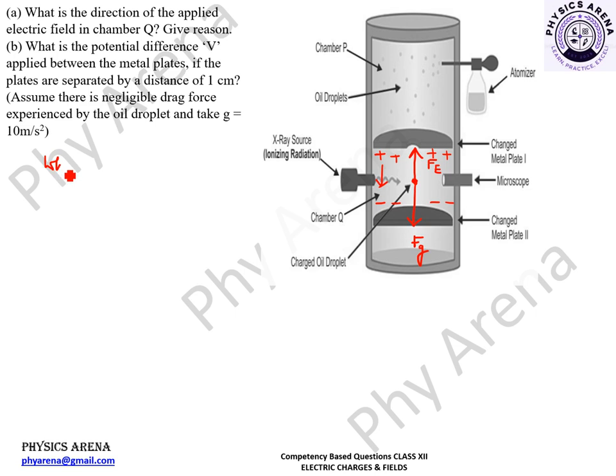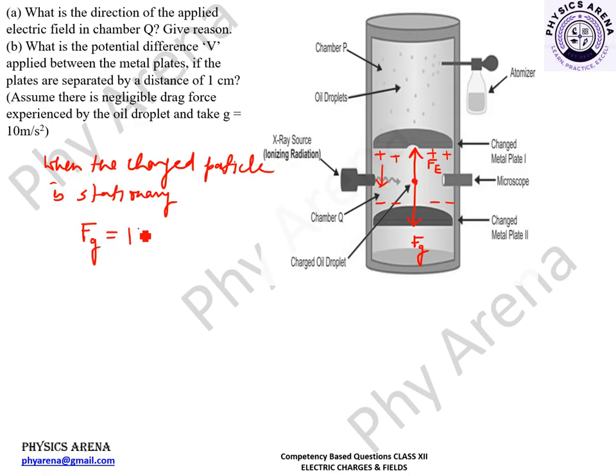Now, when the particle is stationary, in this situation, the force due to gravity is equal to the force on the charged particle due to the electric field applied in chamber Q. We know that the gravitational force is mass multiplied by acceleration, and here the acceleration is acceleration due to gravity.